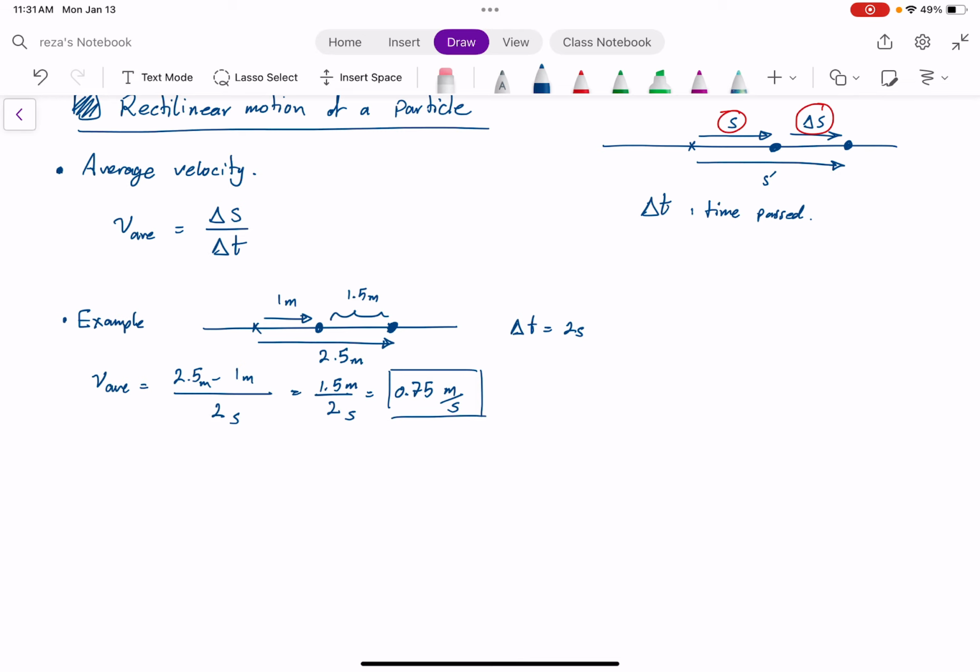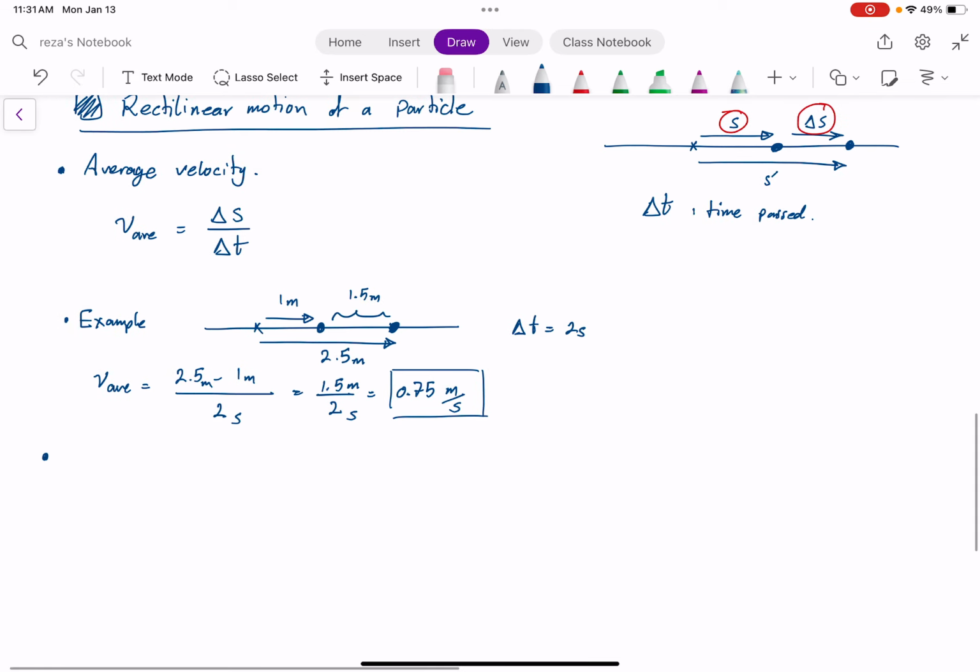How do we calculate instantaneous velocity? Simply, we don't say instantaneous, just velocity, and velocity you can calculate at every time.